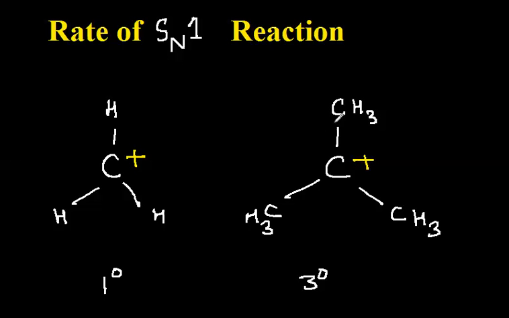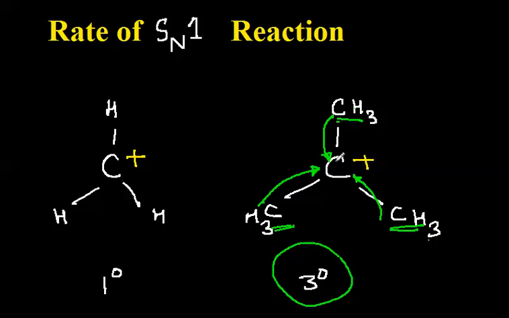And these three electron donating groups, these alkyl groups, can easily shift their electron cloud slightly towards this carbon, neutralizing this positive effect. So this carbon is now stable. You can say it is being stabilized by these three electron donating groups connected to it. So what is a tertiary one? The carbon is connected to three other carbons.